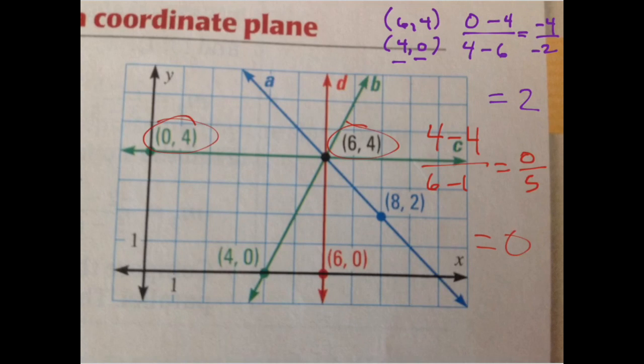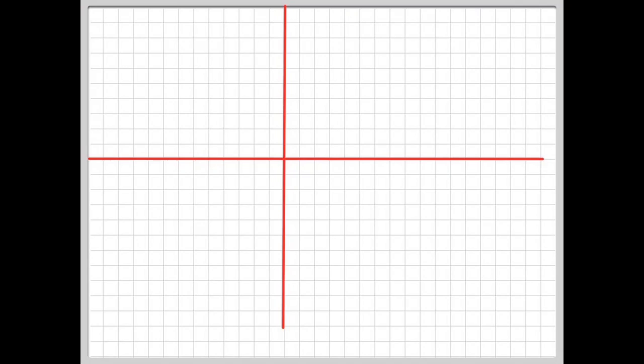Okay, now we have 2 postulates. Postulate 17 is slopes of parallel lines. And parallel lines have the same slope. Perpendicular lines is postulate 18. It says that if 2 lines are perpendicular, then the slope of one line times the slope of the second line is equal to negative 1.